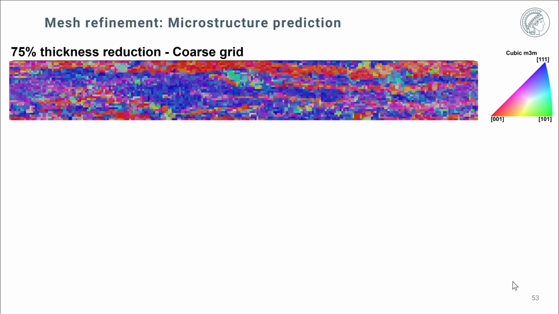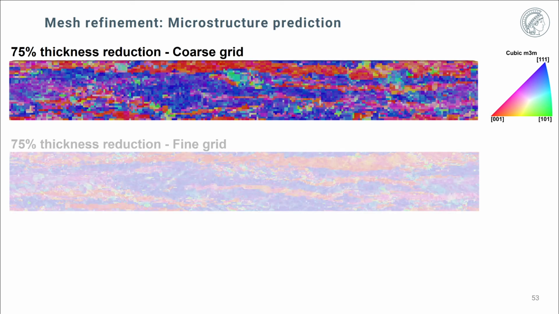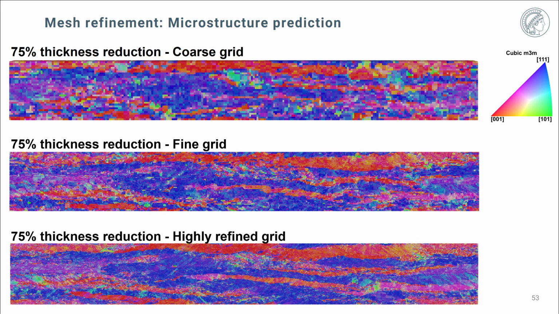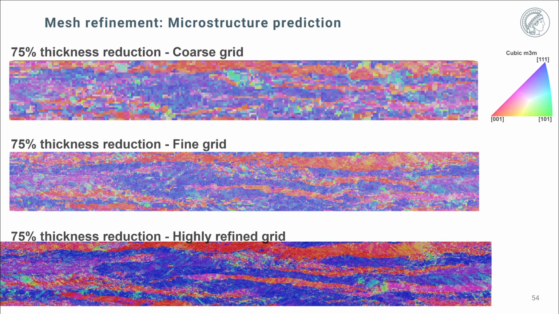And when you push that even a bit further to 75%, then you can see that when comparing the coarse grid simulation to the fine grid simulation and to the highly refined grid simulations, where we can refine the mesh on the fly, you see that you have a very highly resolved simulation that is meanwhile very hard to differentiate from an experiment.